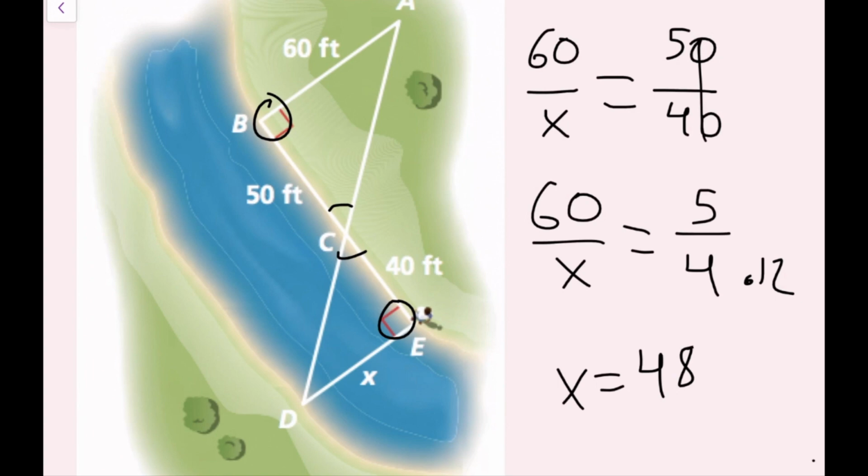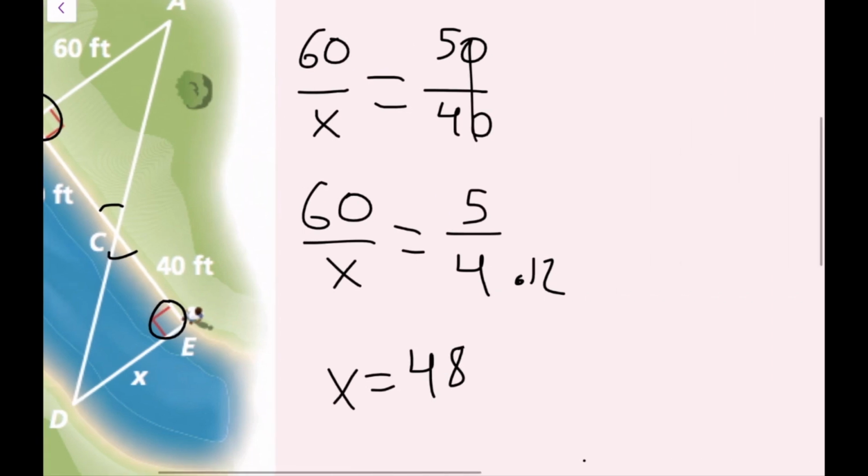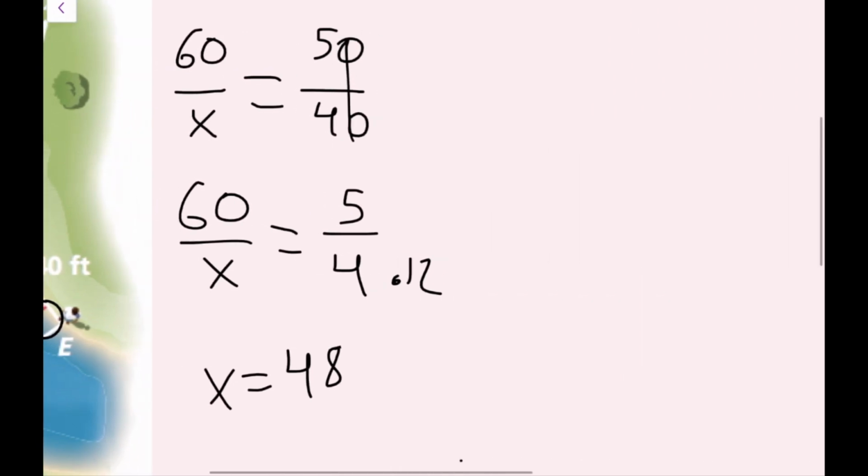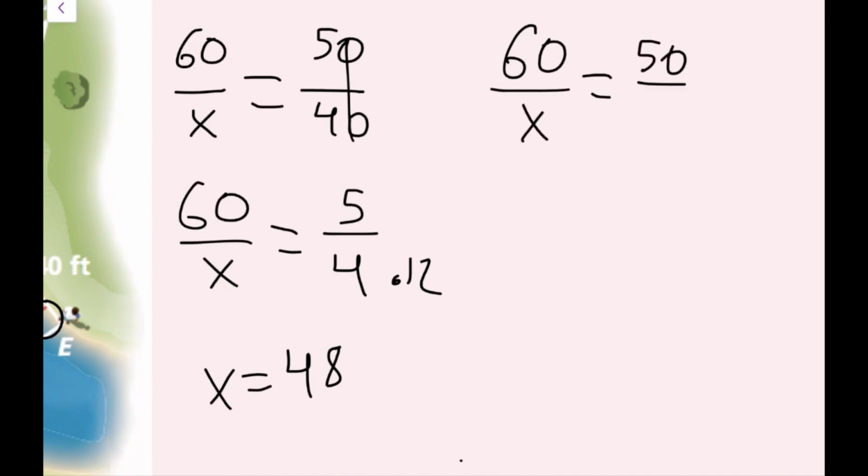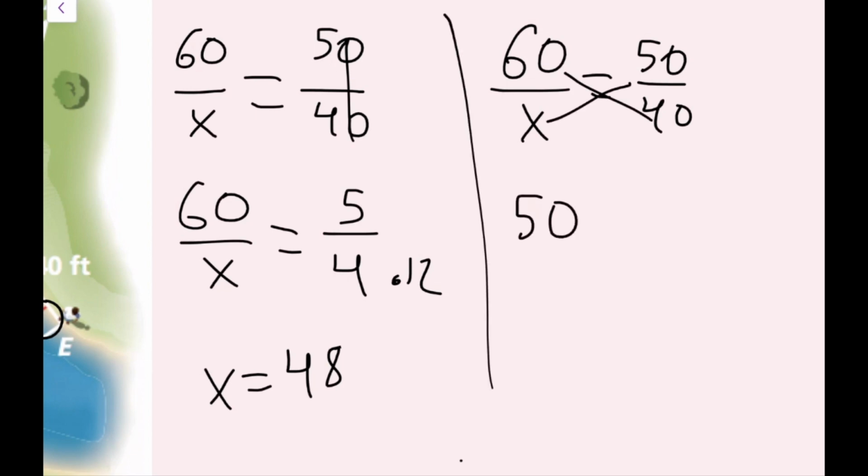And I will show you how to do that using cross multiplication. So if I didn't even simplify the fraction, I can cross multiply and get 50x. I'll draw a line here to show that I'm doing it differently. 50x equals, and then 60 times 40 is going to be 2,400.